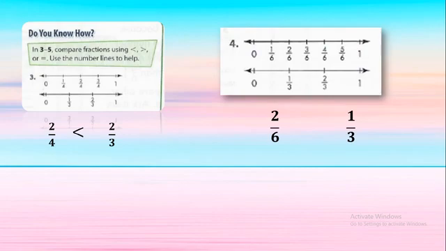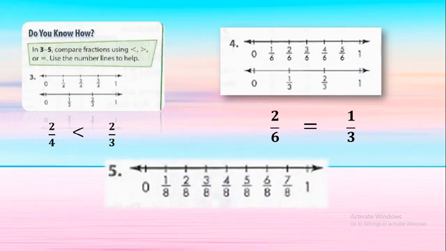What symbol are you going to write to compare these two fractions? It's equal. 2/6 and 1/3 are equal. Look at the number line. 2/6 and 1/3 are aligned. They have the same size. So they are equal.